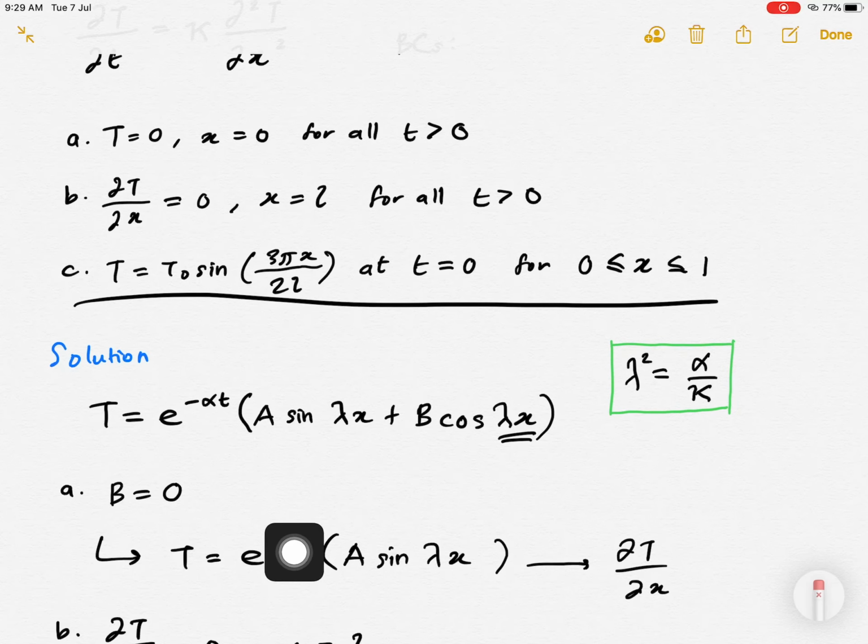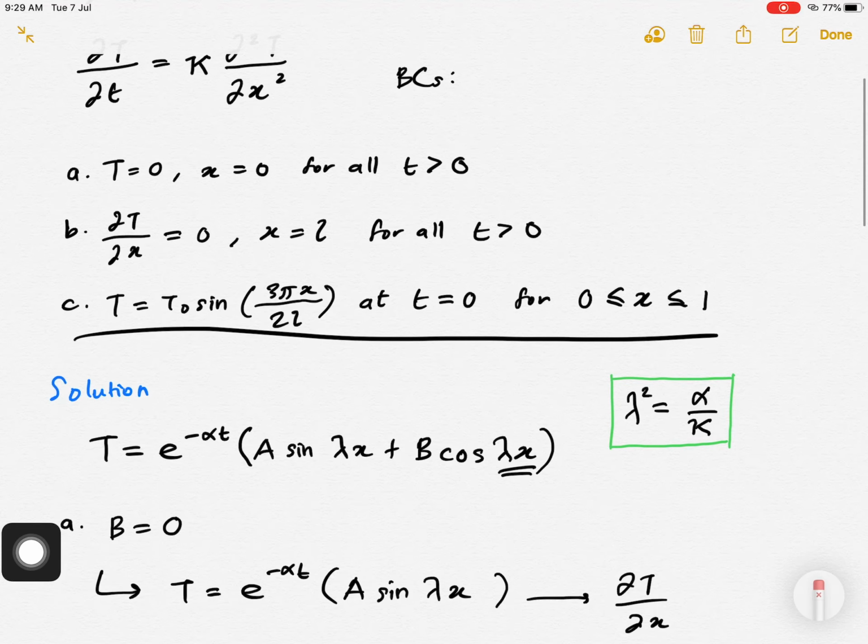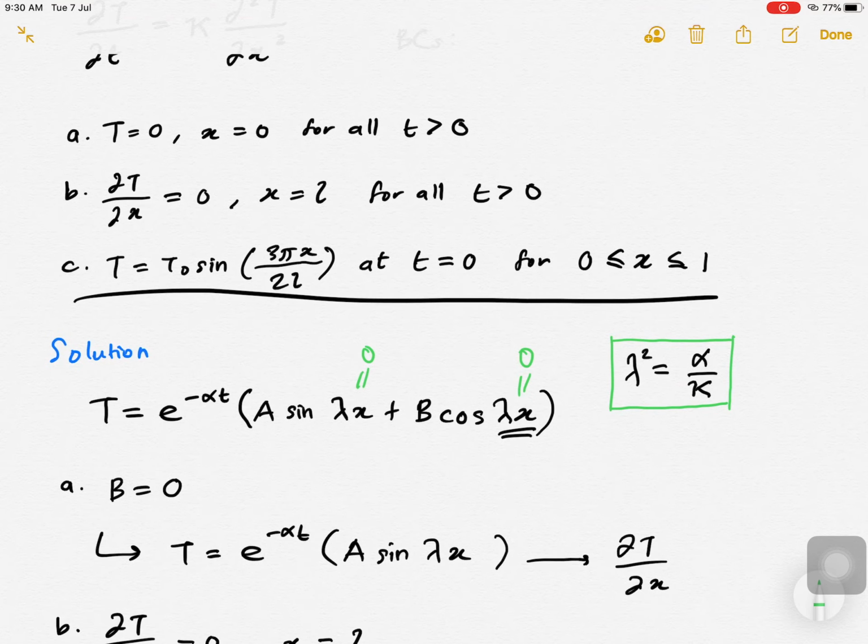Okay, now we consider the first boundary condition. When x is equal to 0, the temperature is equal to 0. So when we put x equal to 0, this is equal to 0, this is equal to 0. So what will happen is this one is equal to 1, because sine 0 is equal to 0, cos 0 is equal to 1.